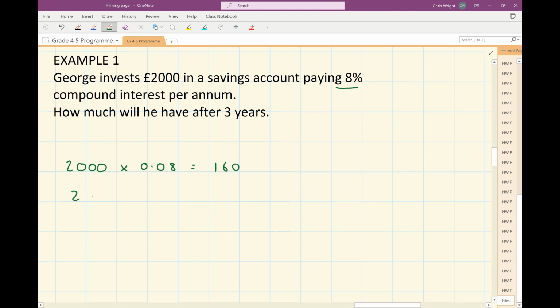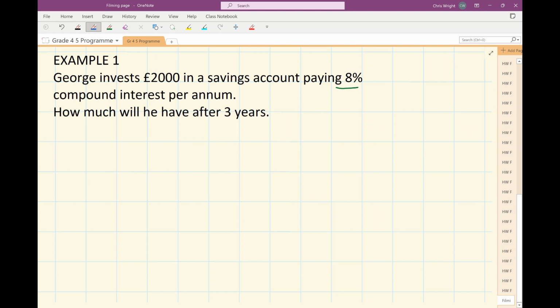So after the first year, we'd have 2,160, and then you could find 8% of that and add it on, and then find 8% of the new amount and add it on.